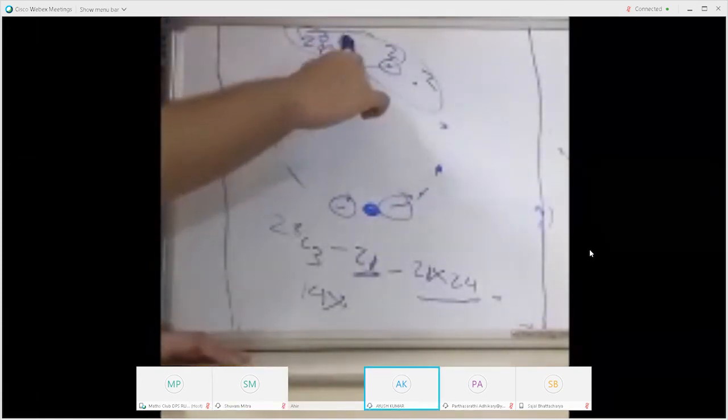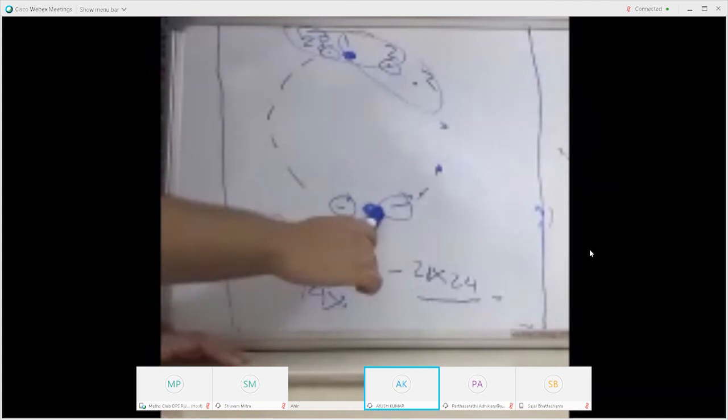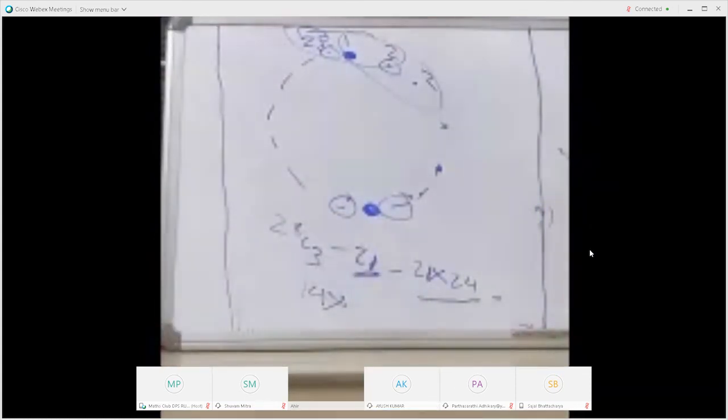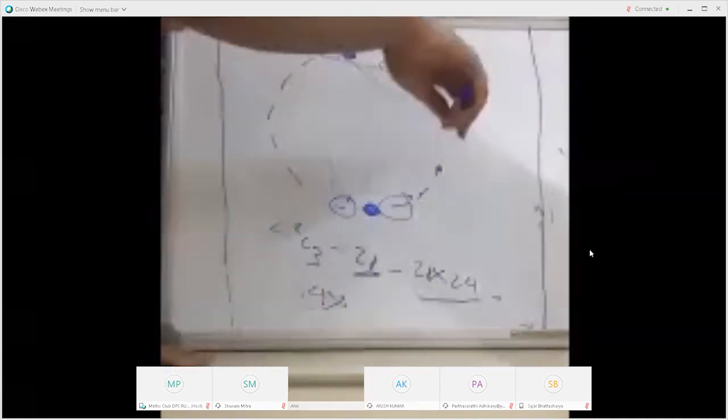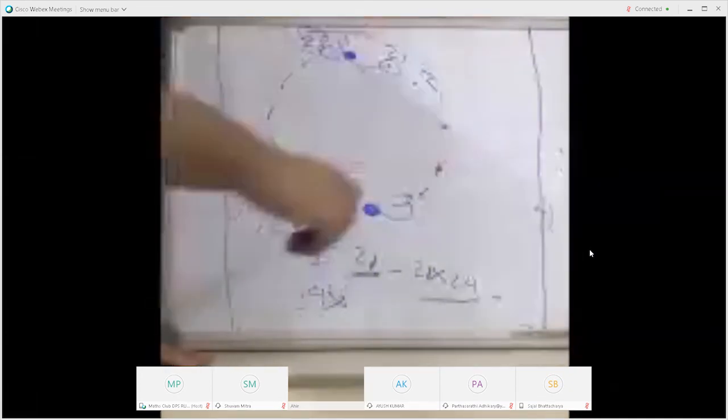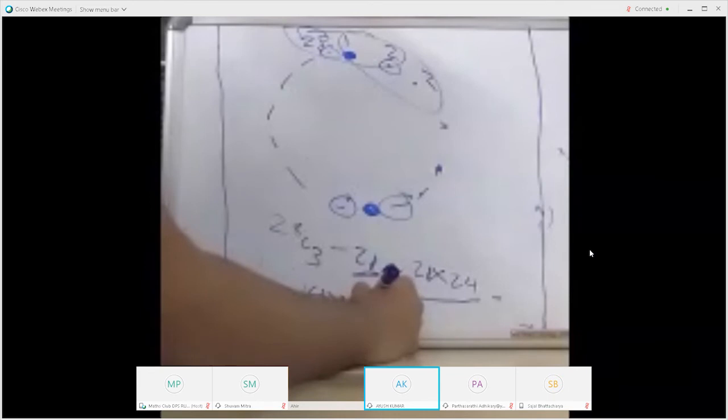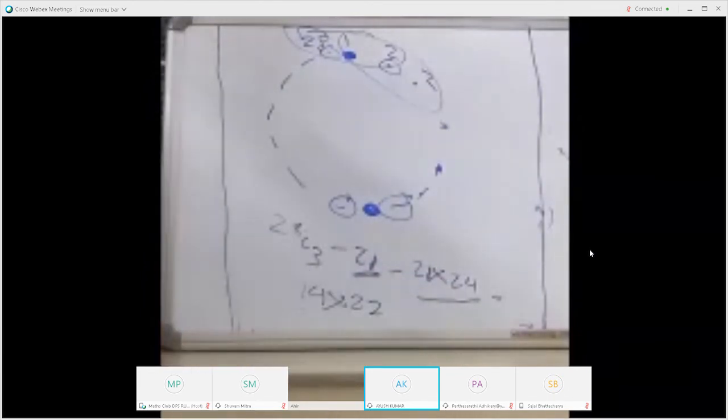So we have 1, 2, 3, 4, 5, 6 points where the third point cannot be. So we have 22 remaining points left. So basically it's 28C3 minus 28 for all the 3 points adjacent, 28 into 24 for 2 points adjacent and the third one non-adjacent, and 14 into 22 for diametrically opposite points and the third one non-adjacent.